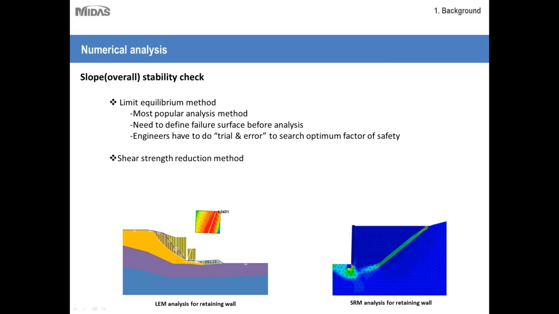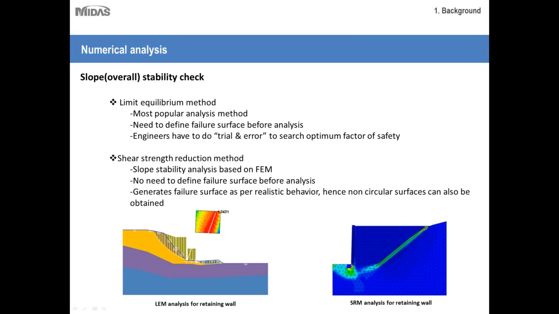Most importantly, here you are not assuming anything. You are not assuming a grid size or doing any kind of permutation and combination. Here the soil behaves accurately as per the constitutive material model that you have assigned, so it is a more natural and more accurate way of analyzing a given situation. Basically this slope stability analysis method is based on FEM, or finite element method.